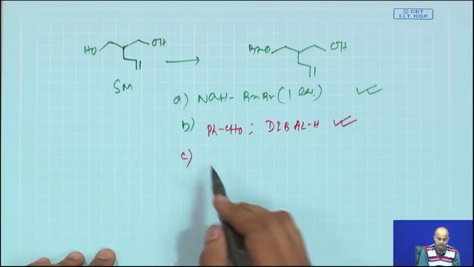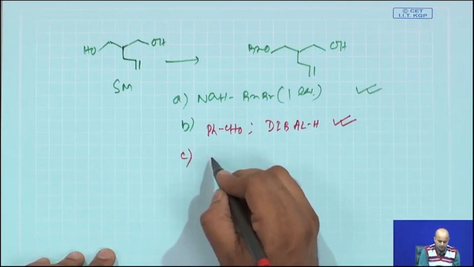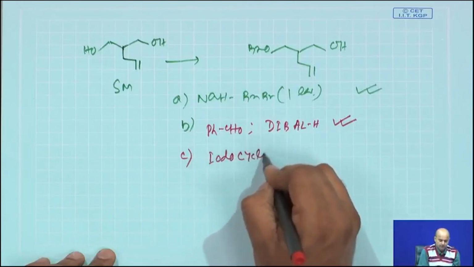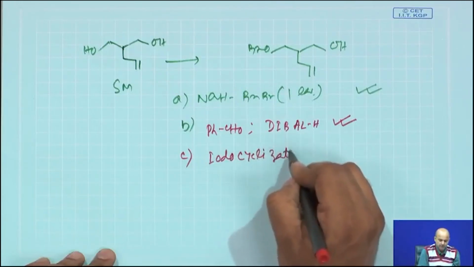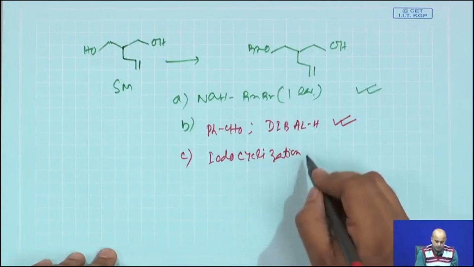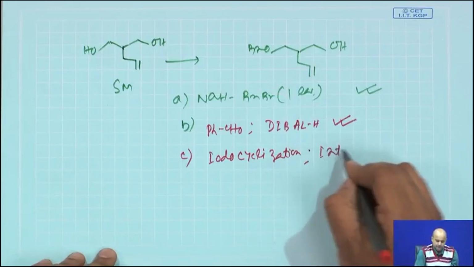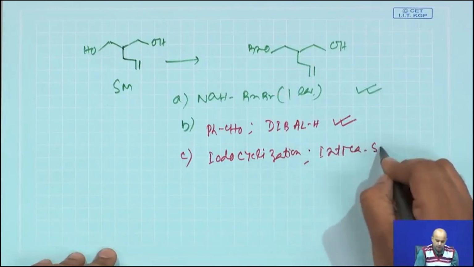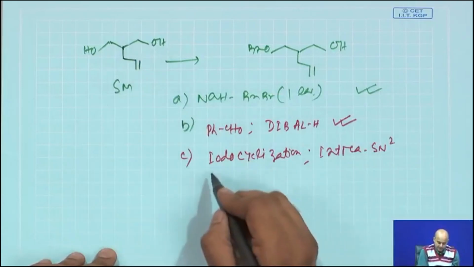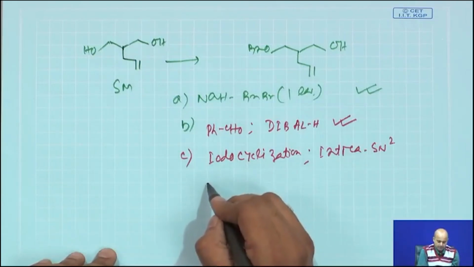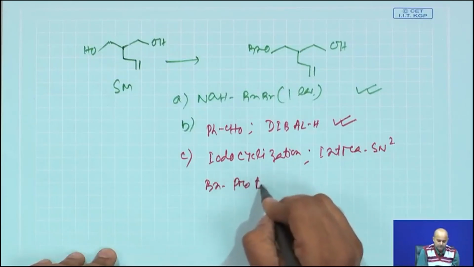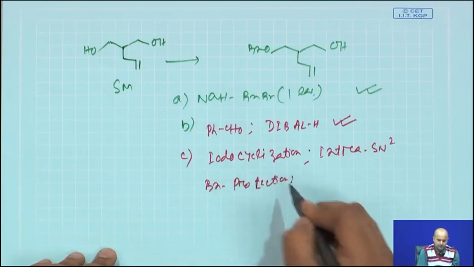The next one which I just now did, the transformation which you require, is an iodocyclization by basically making an iodonium ion, then an intramolecular SN2 reaction with one of these alcohol groups, then we did a benzyl protection. So, this part is simple.